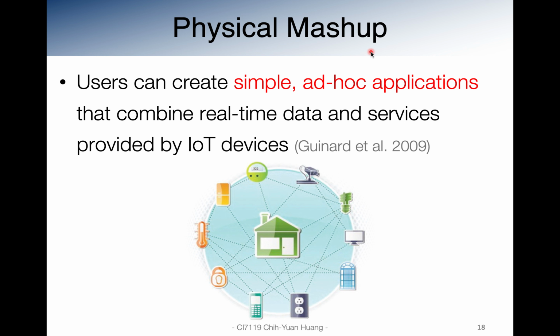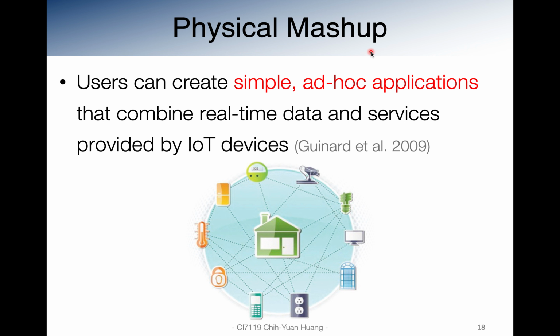In the geospatial mashup unit, we have defined and introduced the idea of the mashup. That idea is to combine information or resources from different services or from different places, and then combine them together to become a new application or new service.